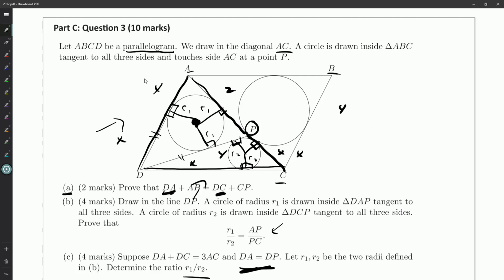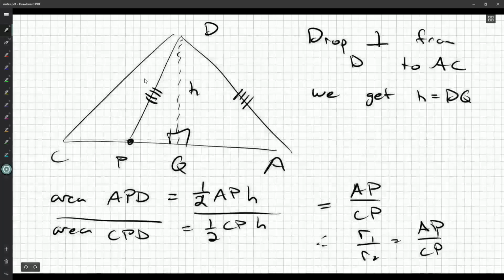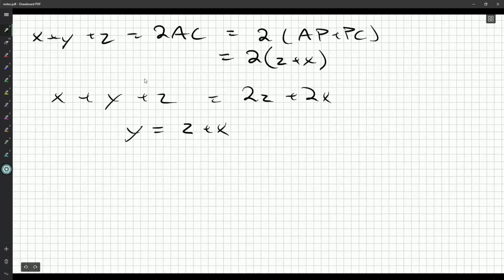Well, that is true. Maybe that isn't the right way to use dP being equal to dA. I don't know, maybe the isosceles triangle might help. So we know dA equals dP.